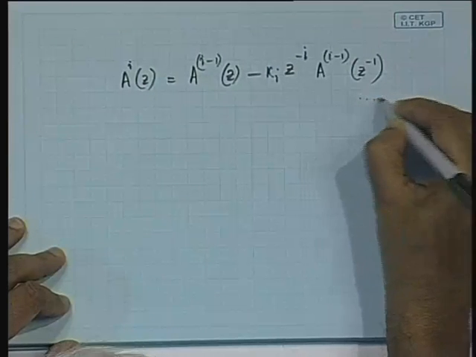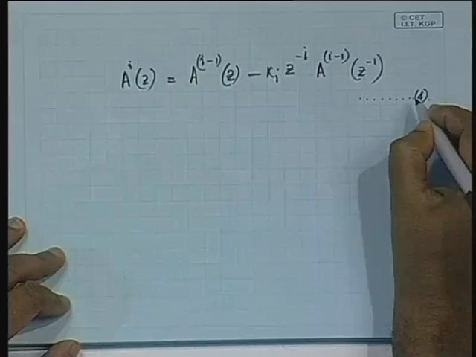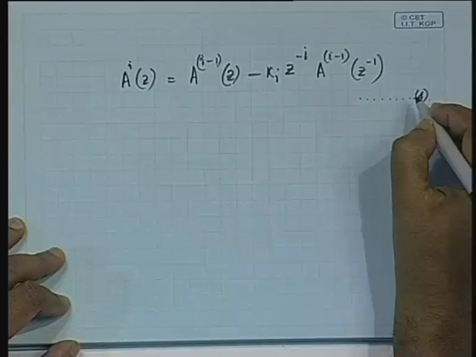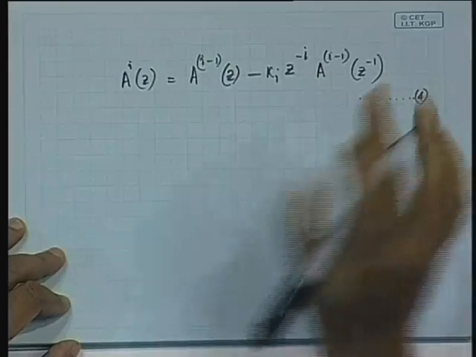Very intelligent students may be able to guess what it is leading to. Can anybody prematurely guess it? What is it leading to? Z to the power minus 1. Okay, then let us wait for a while. We will see the great thing that this Z to the power minus 1 is going to do.